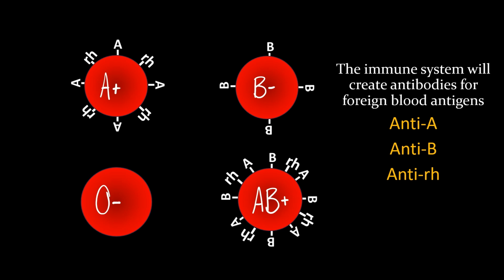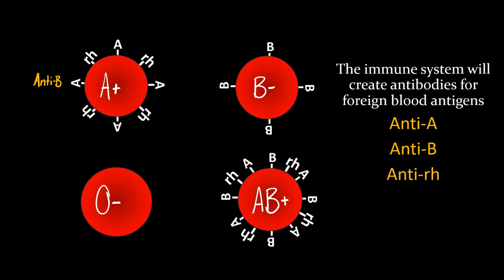So A positive would make anti-B. It would not create anti-A or anti-Rh because if it did, that anti-A and anti-Rh would bind to your blood cells and cause your immune system to destroy your blood cells. So you only create antibodies against antigens you don't have.